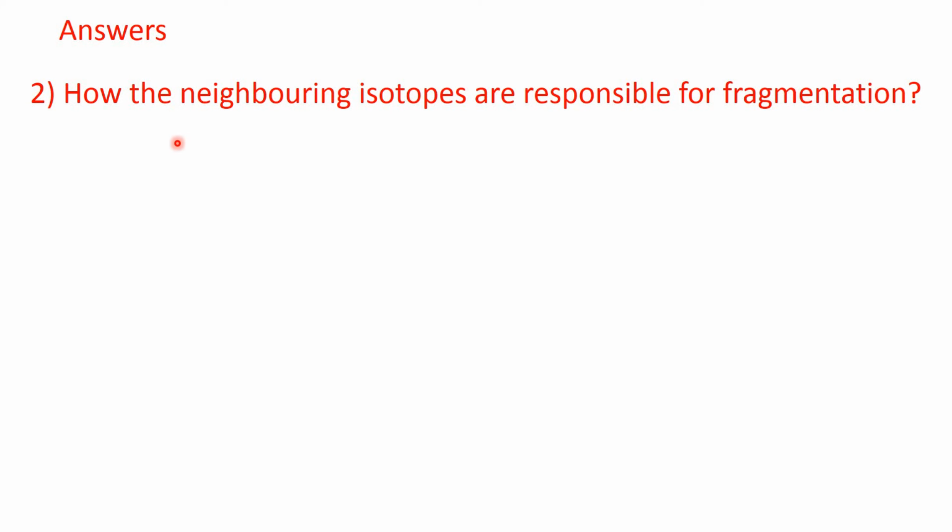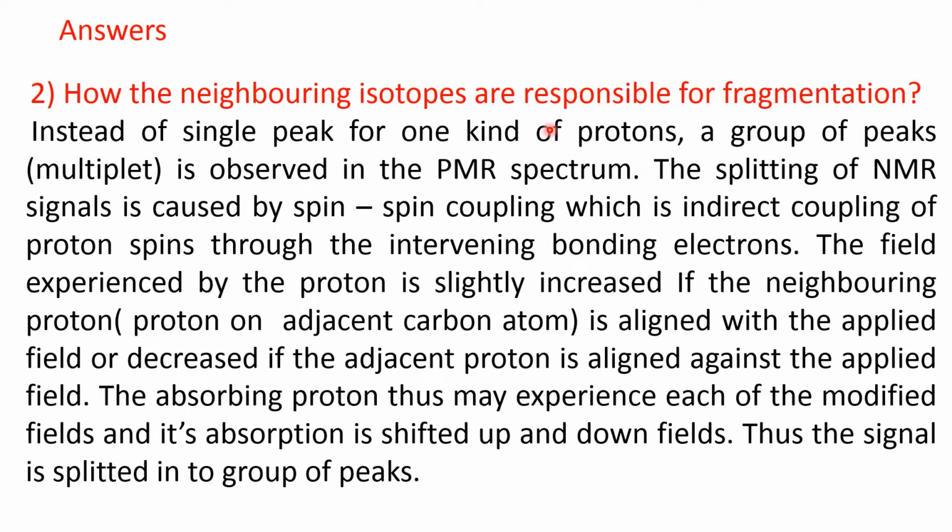Now coming to the answers of the remaining questions. How are the neighboring isotopes responsible for fragmentation? All these things I explained, and that is written here. Instead of a single peak for one kind of protons, a group of peaks, a multiplet, is observed in the PMR spectra. The splitting of NMR signals is caused by spin-spin coupling, which is indirect coupling of proton spin through the intervening bonding electrons.